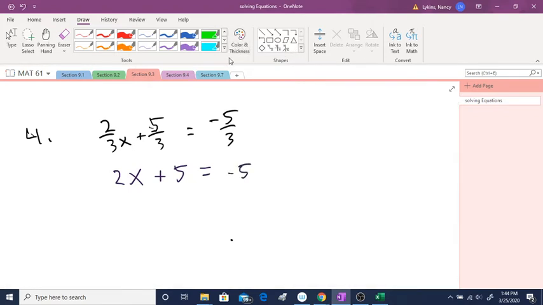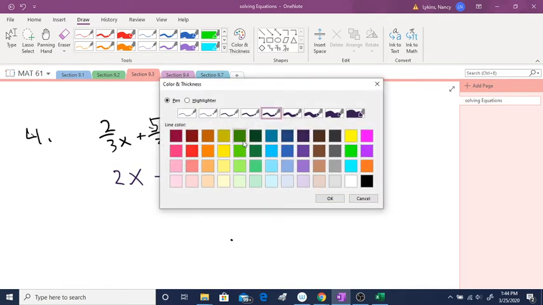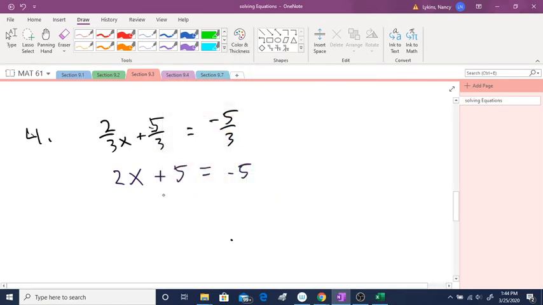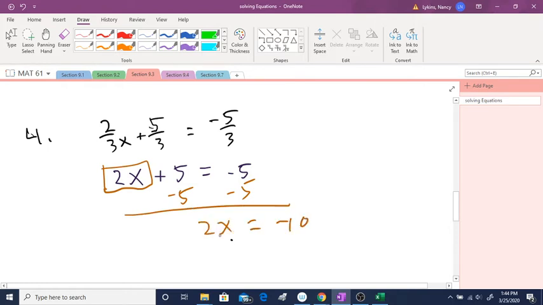Then what you want to do is treat this just like a regular equation by protecting the 2x, subtracting the 5. That gives you 2x equals negative 10.